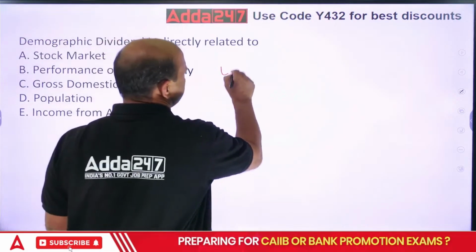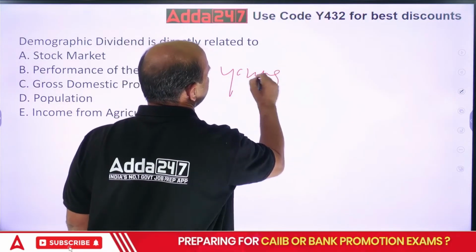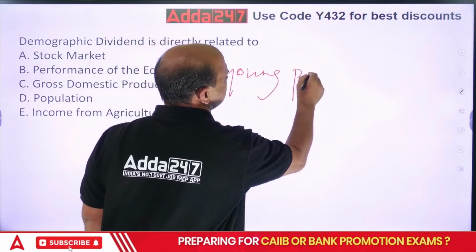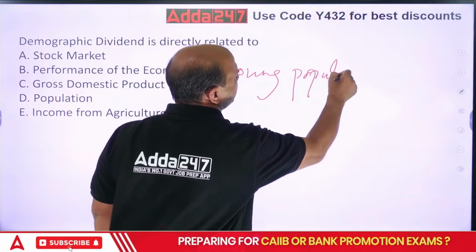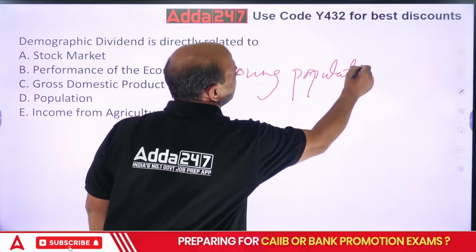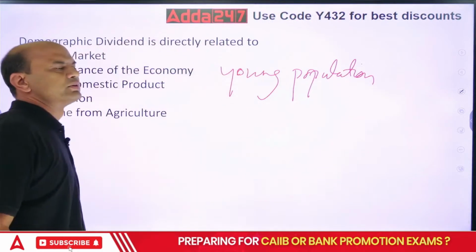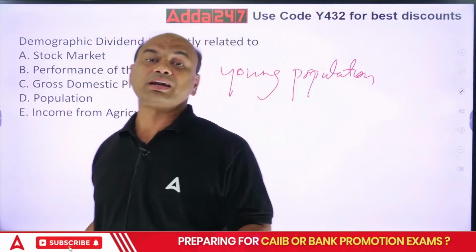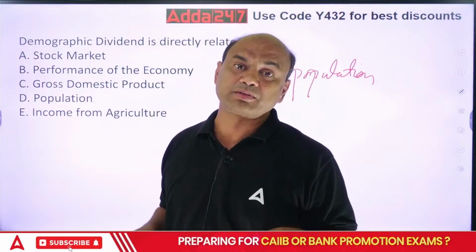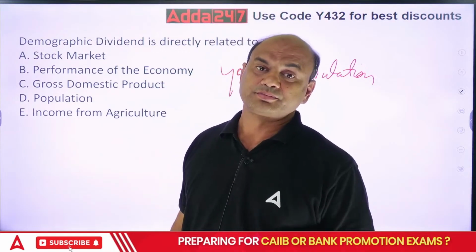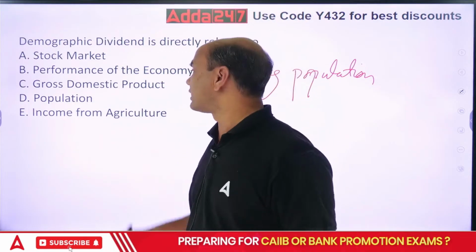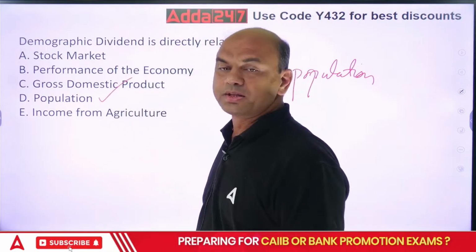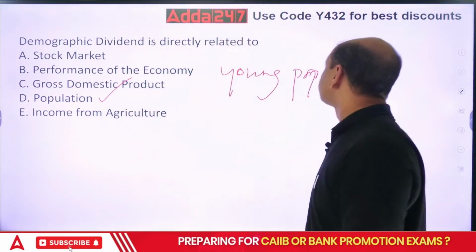Young population, that is meant by demographic dividend. Okay, young population is known as demographic dividend. India is a young country because we are having the highest population below 35 years. So that's why demographic dividend relates to population. Got it?